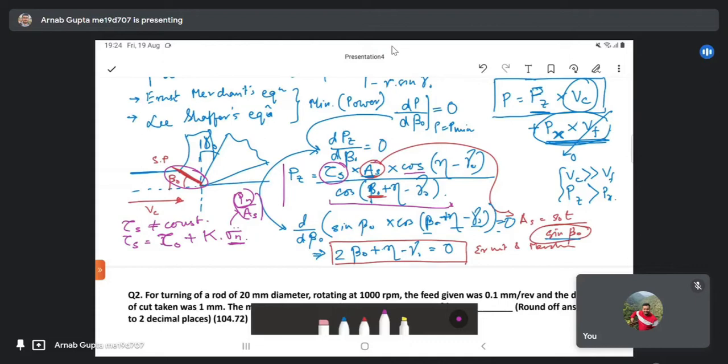Then if you again differentiate it in the same manner with the aim of minimizing the power, you will arrive at an equation somewhat like this: beta naught plus eta minus gamma naught is equal to a constant, say k dash. Now this constant k, you need to know to get the angular value.